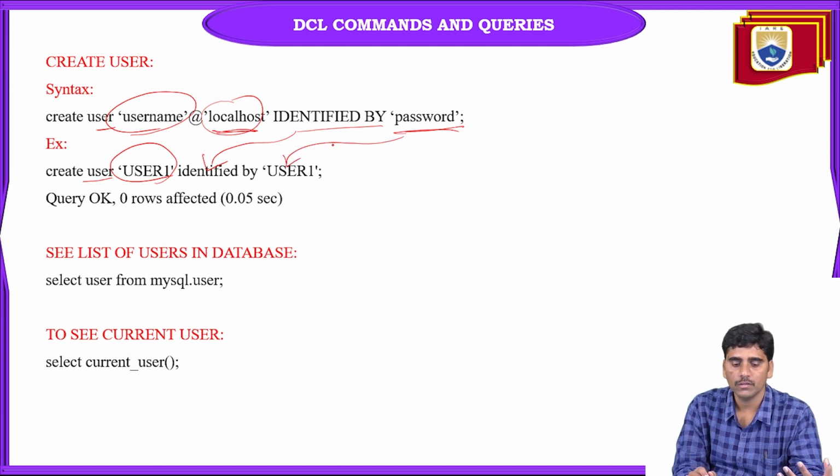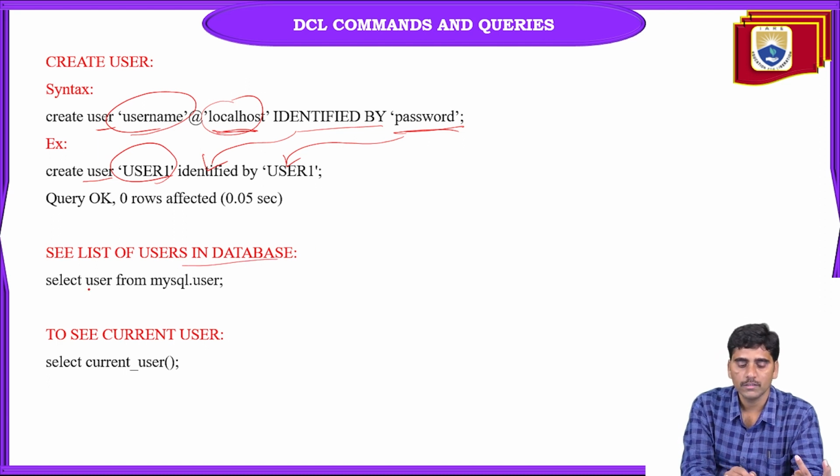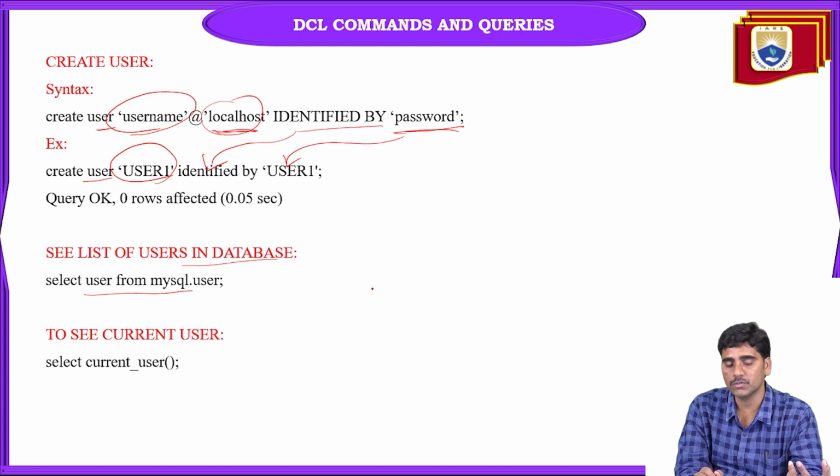So now user1 is created. To see the list of users in the database, select user from mysql.user. If I type this command, I can retrieve all the users from this database.